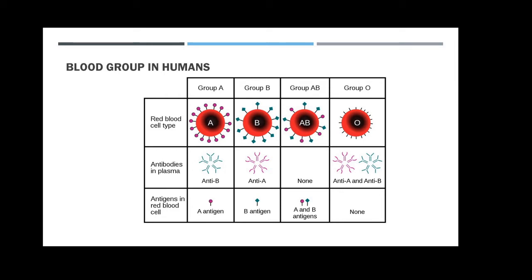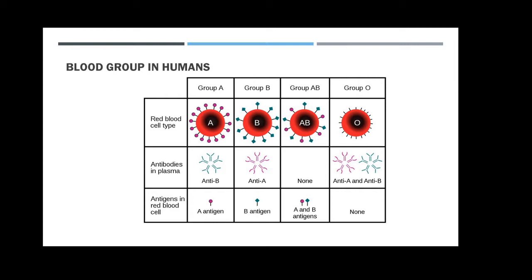For expression of the blood groups, we have two antigens in the human body. This table shows us the four different types of blood groups which are caused by two antigens, the A antigen and the B antigen. If the A antigen is present in the red blood cell, the person gets A group, and if the B antigen is present, the person has B blood group.